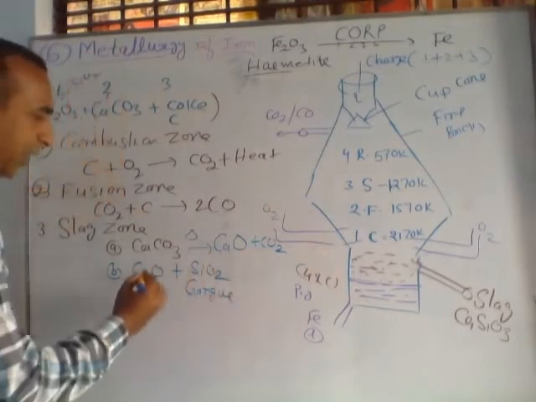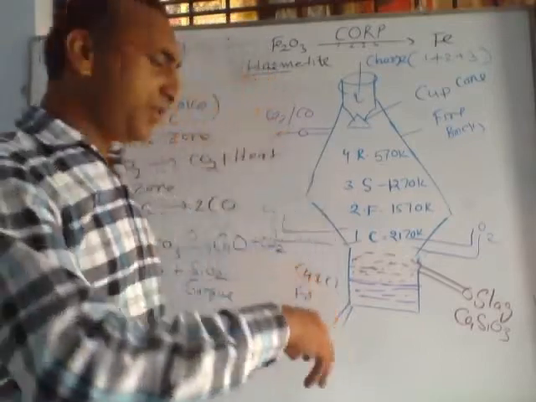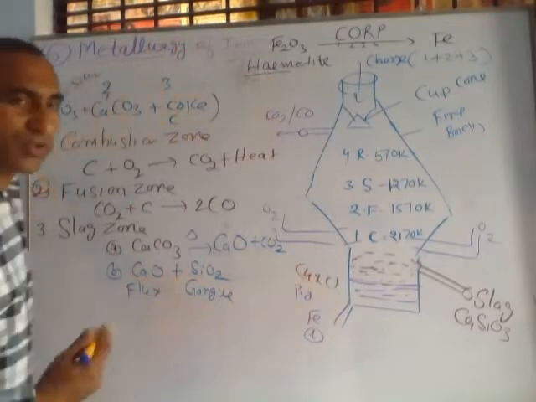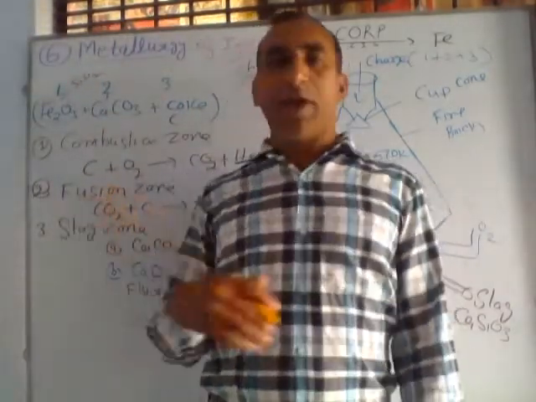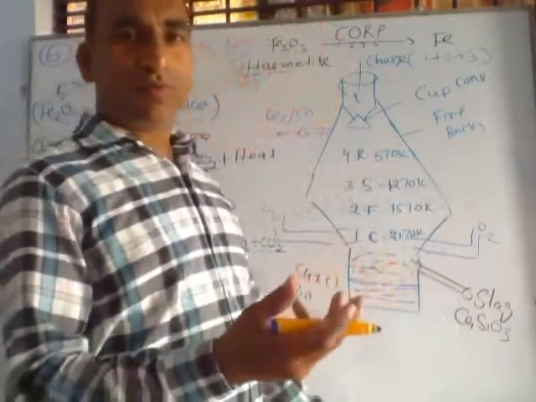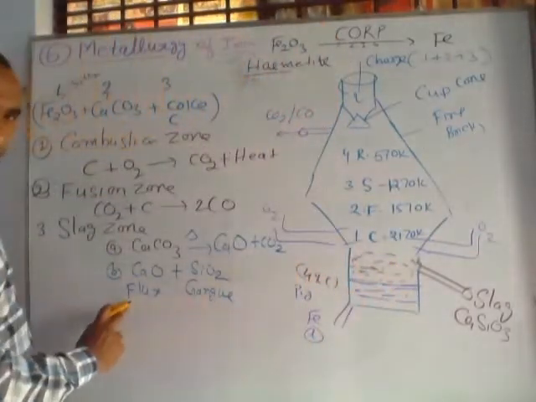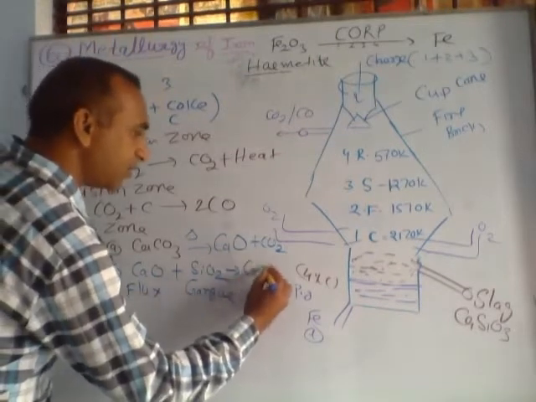To remove gangue, the substance we add is called flux. So in exams they ask what is flux. Flux is the chemical which is added by us to remove impurities, that is gangue. This flux reacts with gangue and forms calcium silicate.